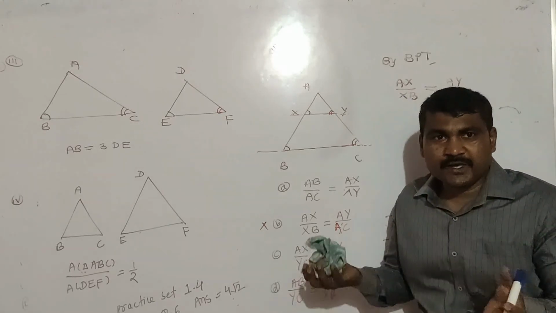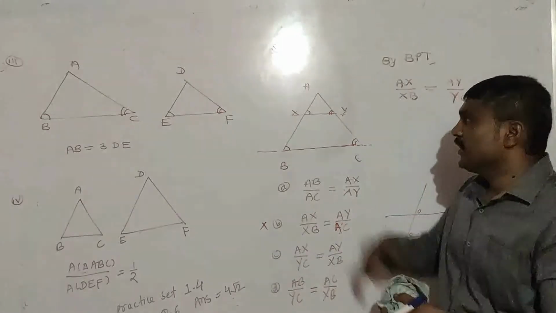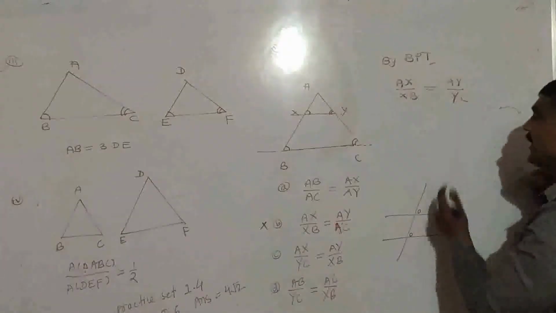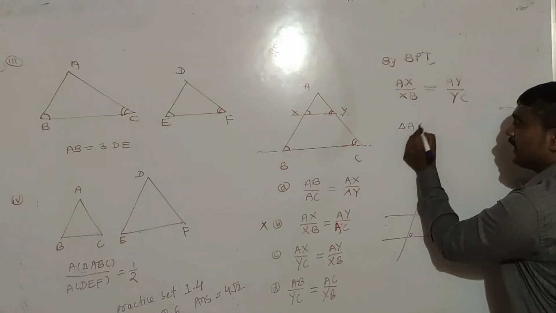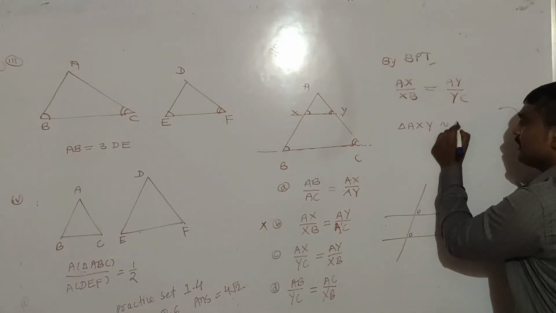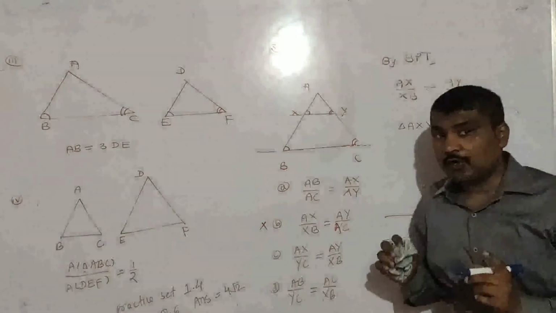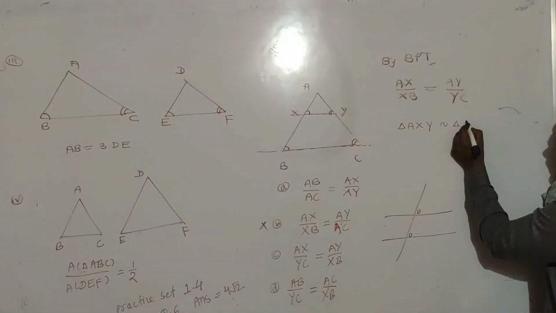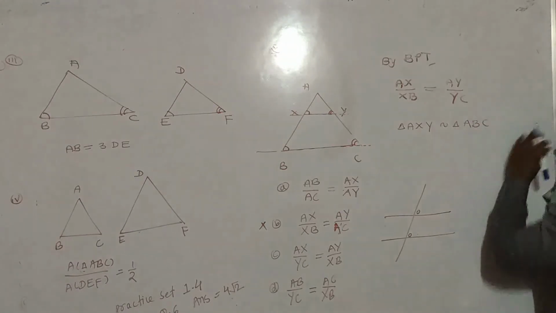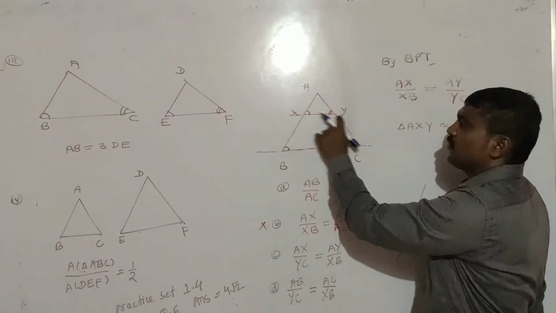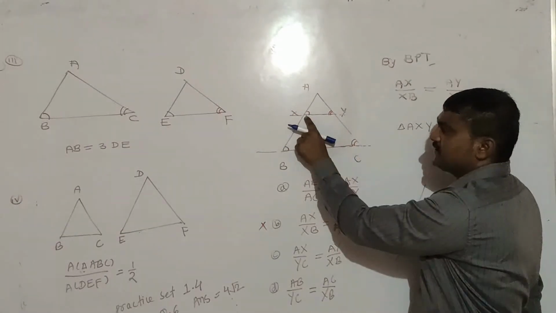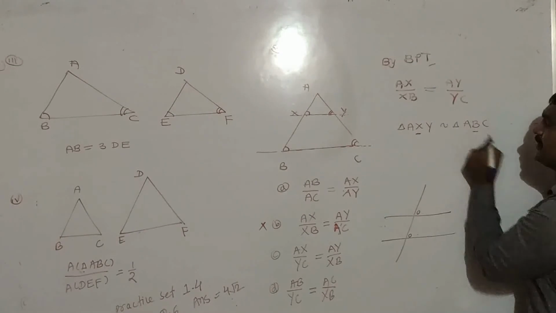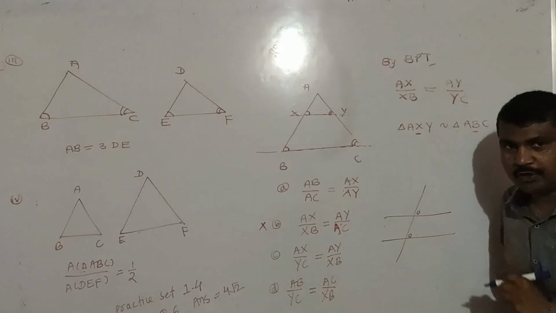By the AA test of similarity, we can say this small triangle is similar to the bigger triangle. That's why I am writing triangle AXY is similar to triangle ABC. Check the order. In triangle AXY and triangle ABC, angle X and angle B are corresponding angles, so X is written here and B is written here, according to the order.